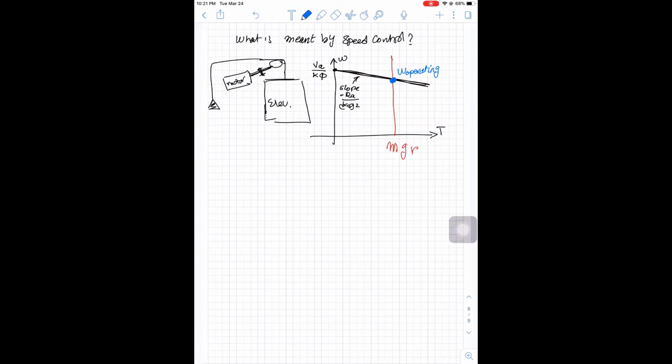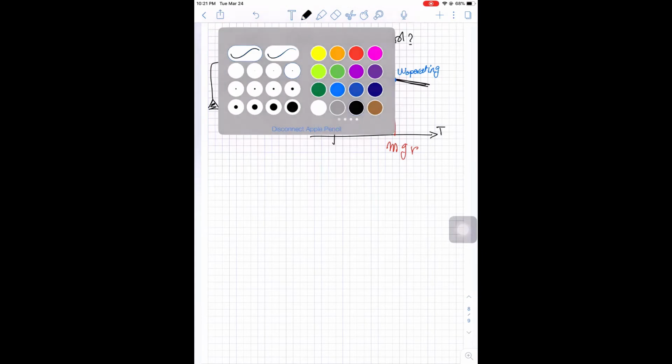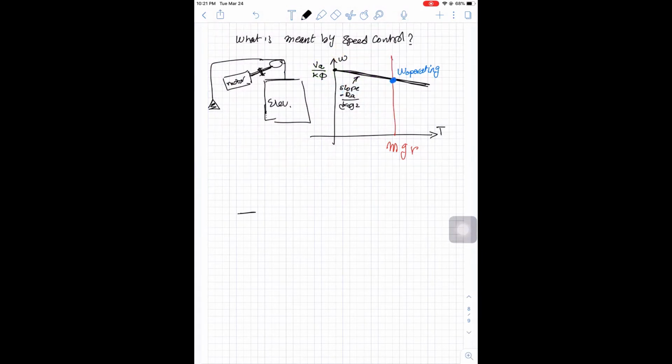Now we need to do speed control. What is the meaning of we need to do speed control? So if this elevator is going between floor 3 and floor 4, you need at the beginning to accelerate, then you need to go with constant speed, and then you need to decelerate to stop at floor 4.